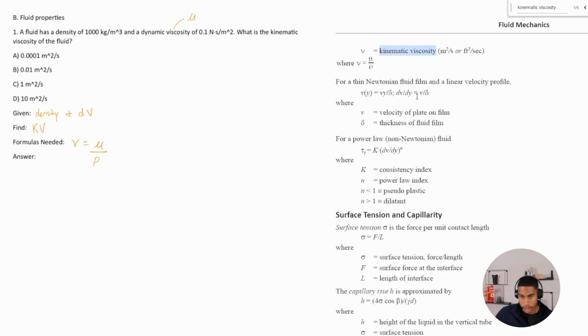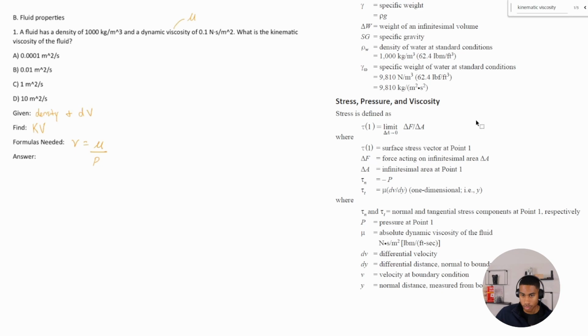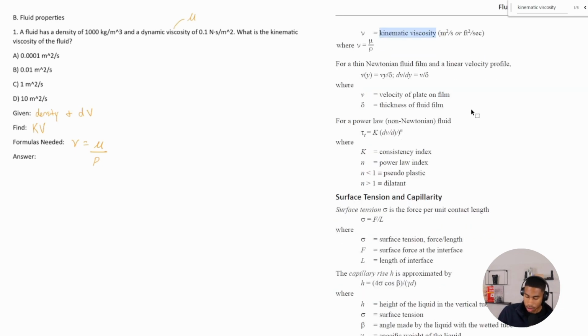And we know that from this formula, density of the fluid is the rho. It tells us in the handbook. Okay, so this is our rho. Okay, so now it's just a matter of making sure our units make sense and going from there.